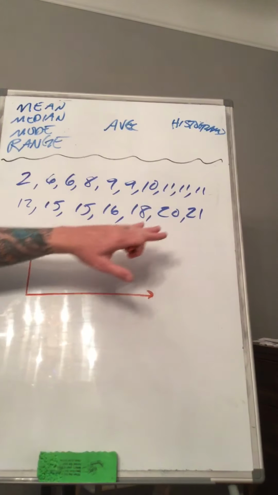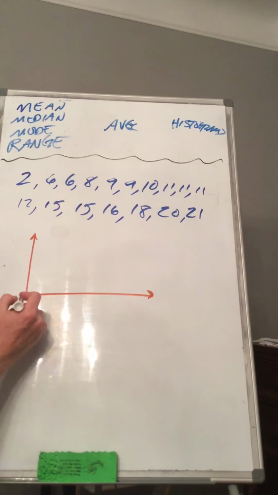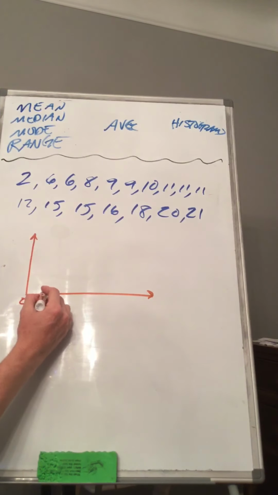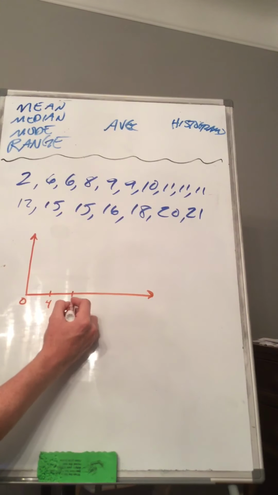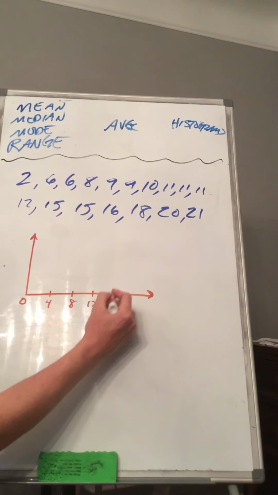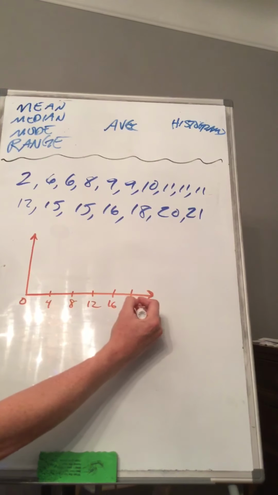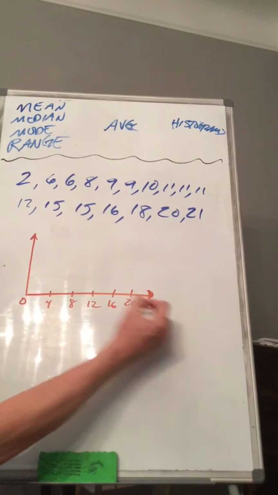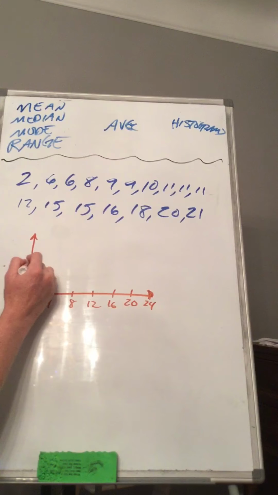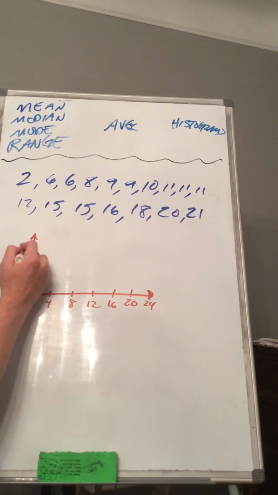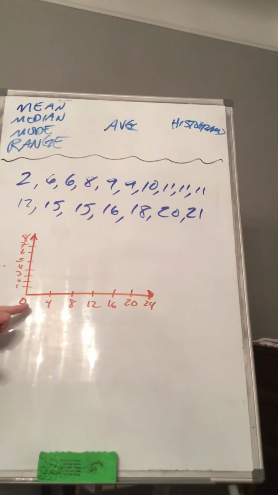Since my highest value is 21, I would probably go by, let's go by 4s. Well, 4 or 5 would be a good idea. So this value here is all the numbers between 0 and 4, not including 4.